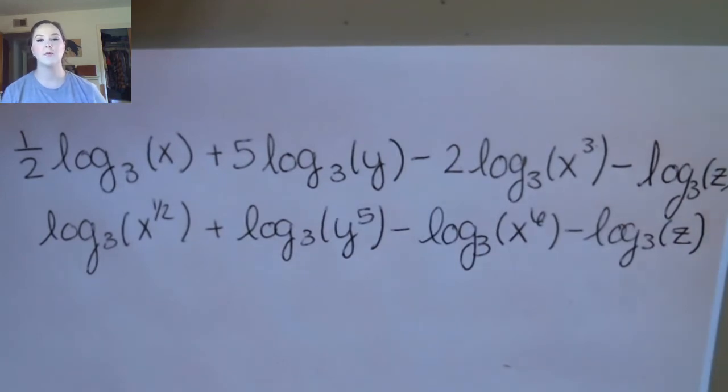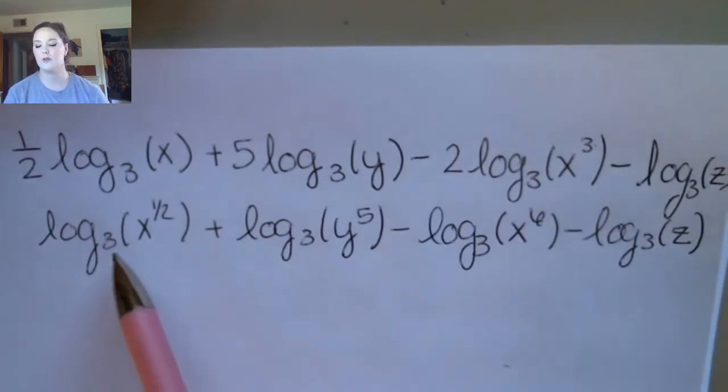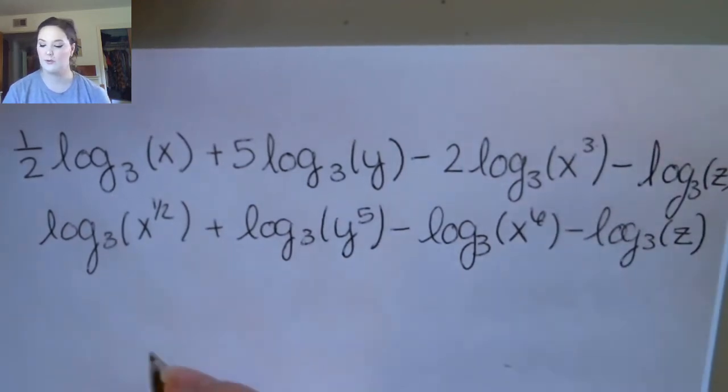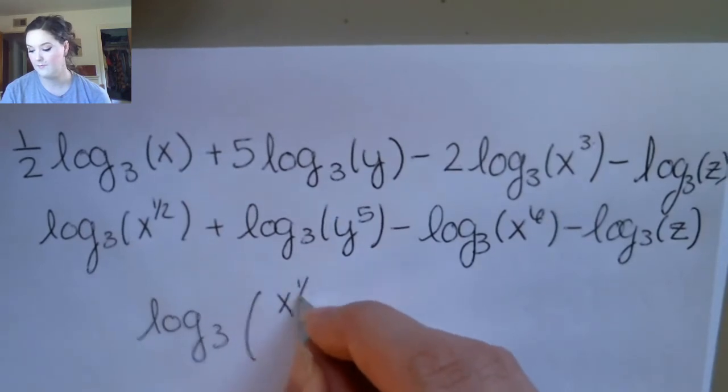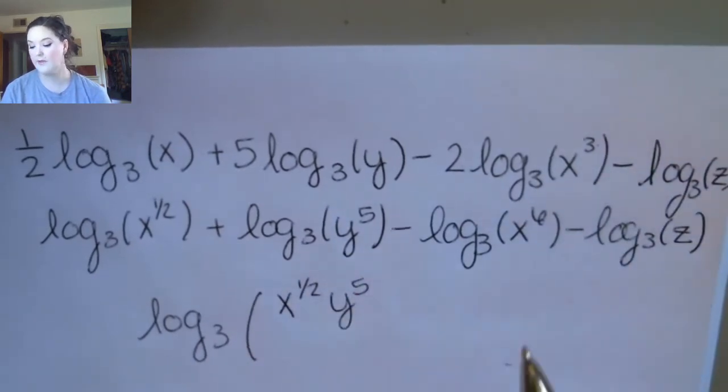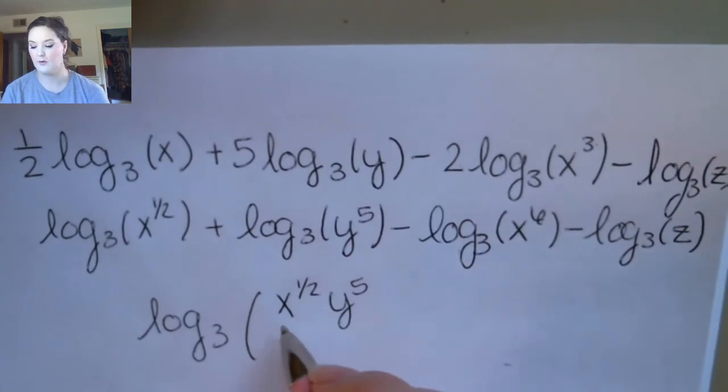Okay, so now we're ready to combine these into a single log. All of the terms with positive coefficients are going to go into the numerator, and the terms with negative coefficients are going to go into the denominator.